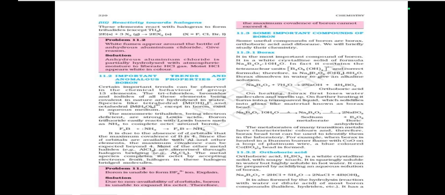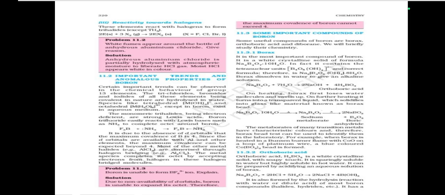The monomeric trihalides, being electron deficient, are strong Lewis acids. Boron trifluoride easily reacts with Lewis bases such as NH3 to complete the octet around boron: F3B + NH3 gives F3B·NH3. This is due to the absence of d orbitals.